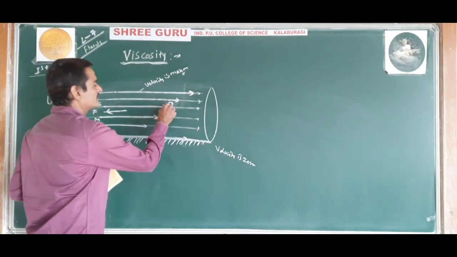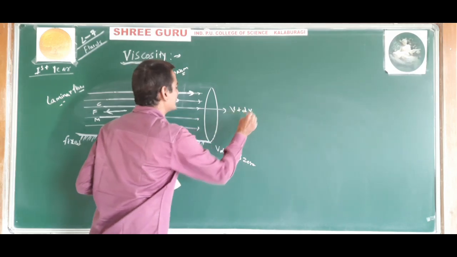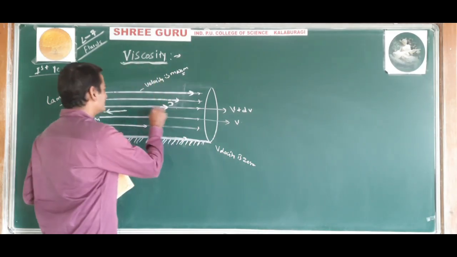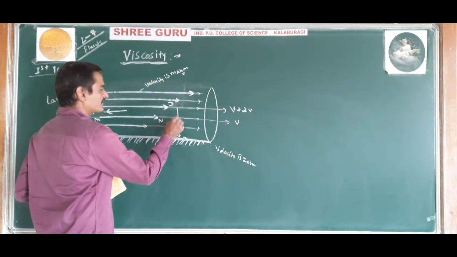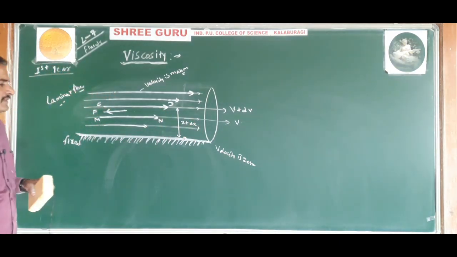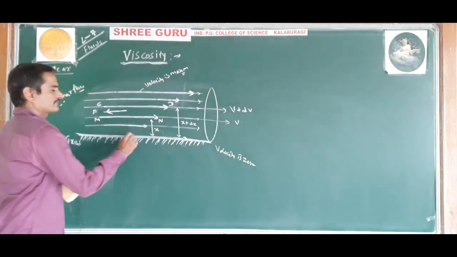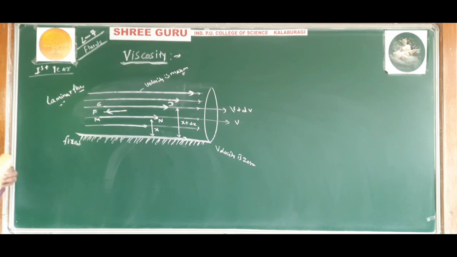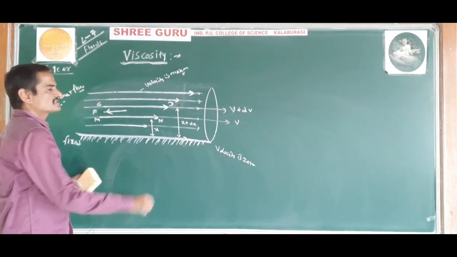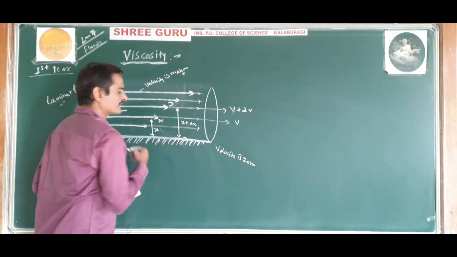The velocity of the layer CD is V plus dV, and the velocity of the layer MN is V. The distance of the layer CD from the fixed surface is x plus dx, whereas the layer MN is at a distance x from the fixed surface.